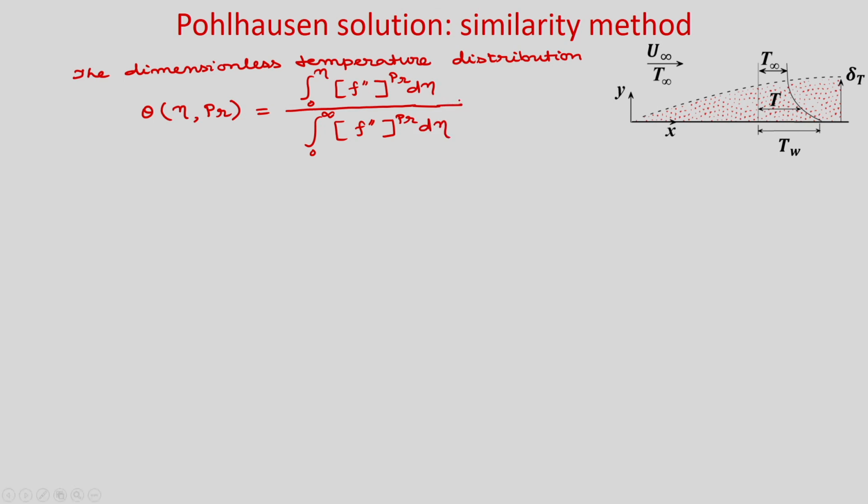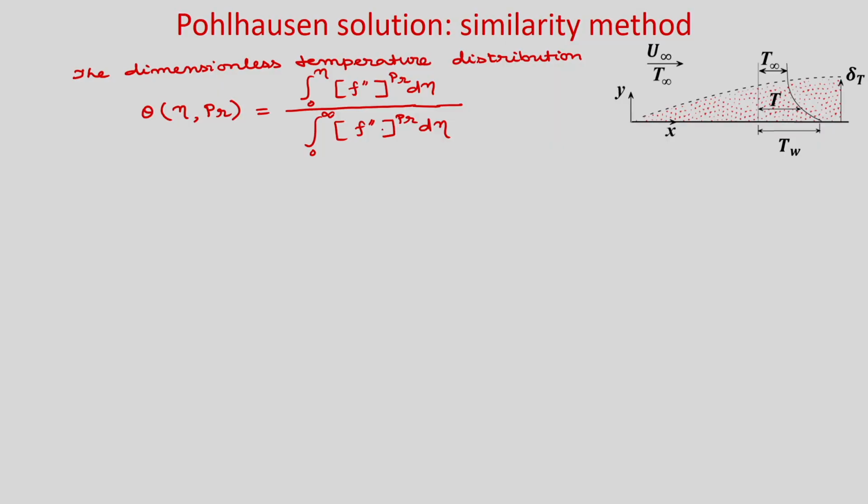Okay. So, after doing some rearrangement you will get this as the final temperature distribution, and you can see, if you know the value of f double prime from the velocity distribution, you will be able to calculate the temperature distribution. So, this equation you can solve numerically.